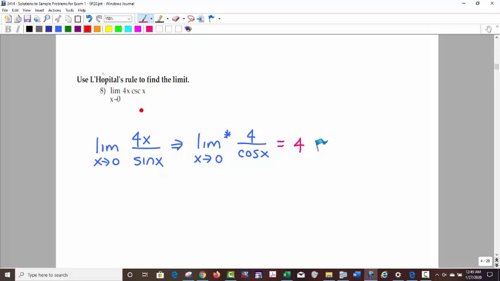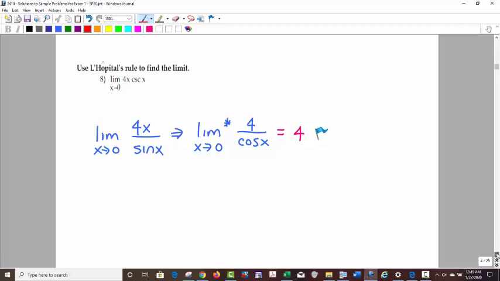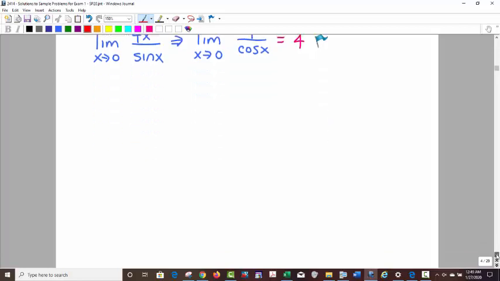So I'll leave the 4x on top, take cosecant and make it sine on bottom, 0 over 0. Take the derivative, it'll be 4, and the bottom will be cosine of x. Put in 0, cosine of 0 is 1, so we just have 4 over 1 equals 4. So there's no steadfast rule on whether the trig function drops or whatever's with it drops. Only natural log has that rule.